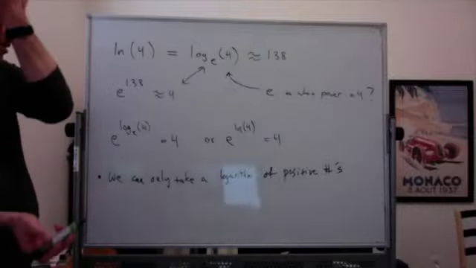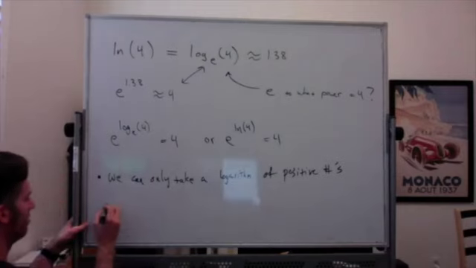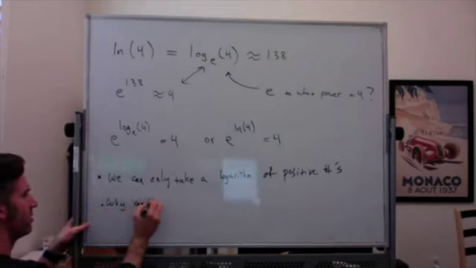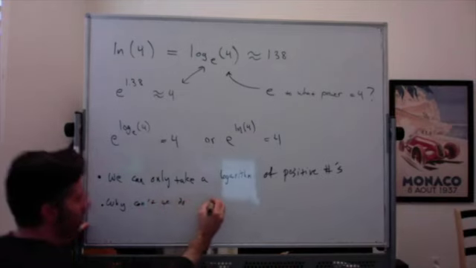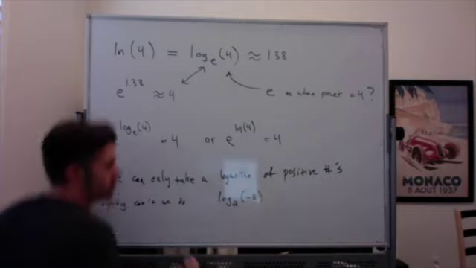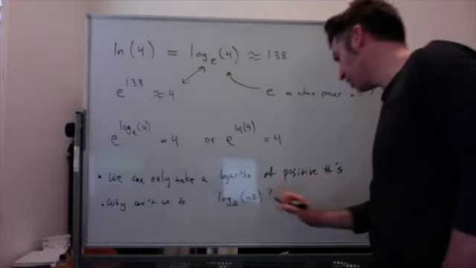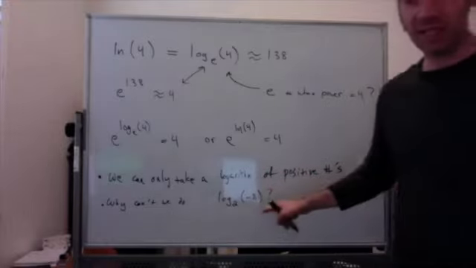So why can't we take the log of a negative number? Well, what does that mean? What if I try to take, say, log base 2 of negative 8? Good question. Why can't we? Well, again, what does this mean?